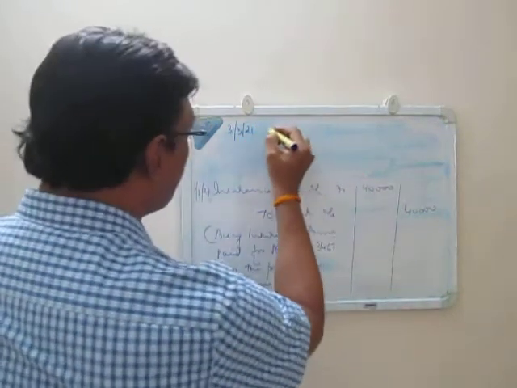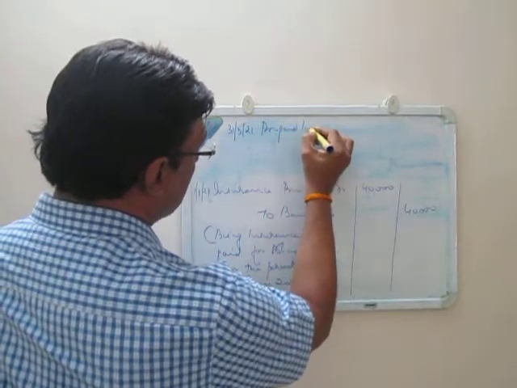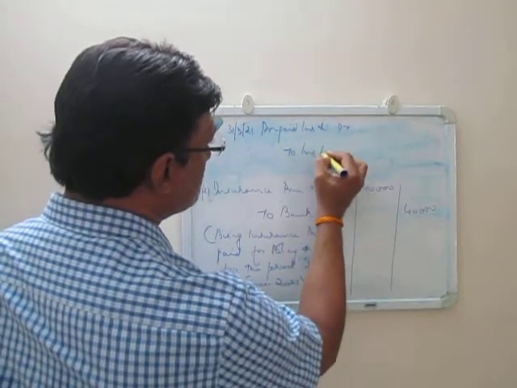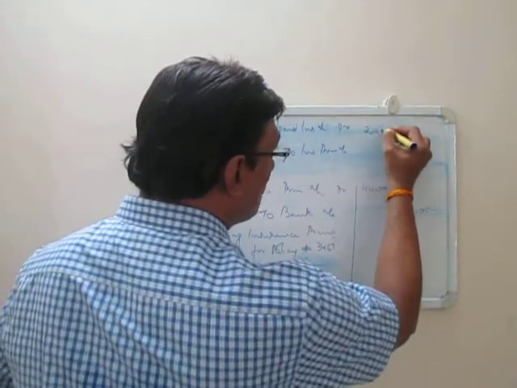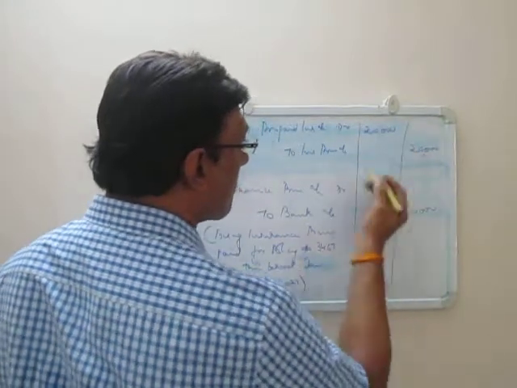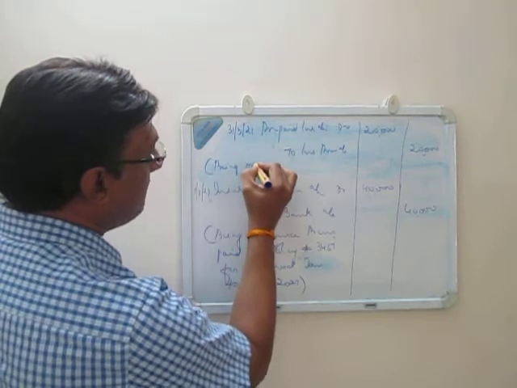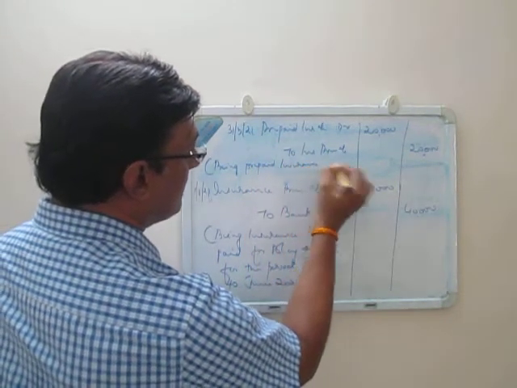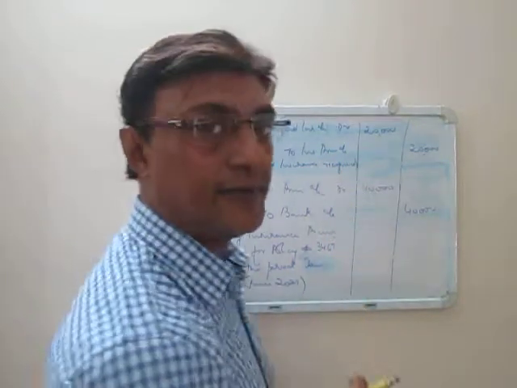The entry would be prepaid insurance account debtor to insurance premium account 20,000 only. Being prepaid insurance recognized or accounted.